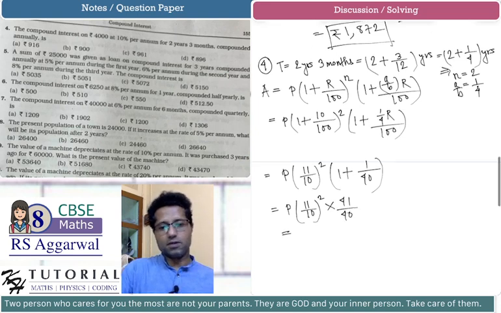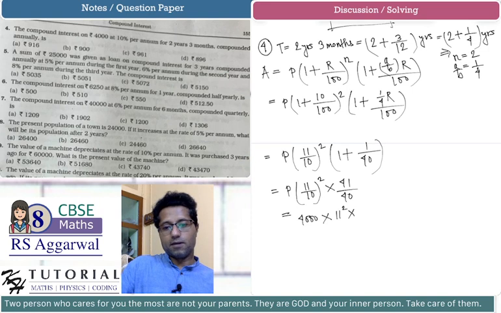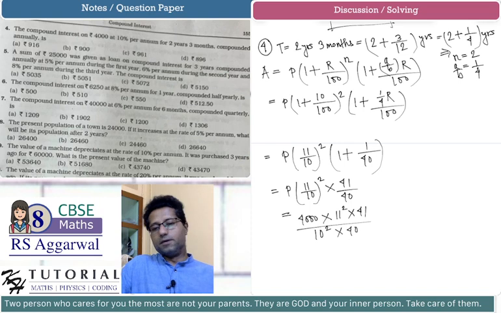Now we can substitute the value of P. P is the principal, which is given to be 4,000. So we have 4,000 multiplied by 11 square multiplied by 41 divided by 10 square multiplied by 40. So 10 square is 100 and 100 multiplied by 40 is 4,000.